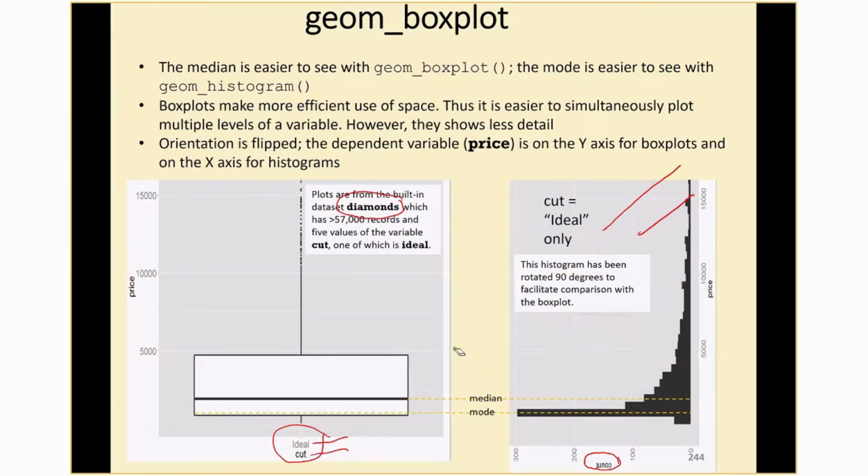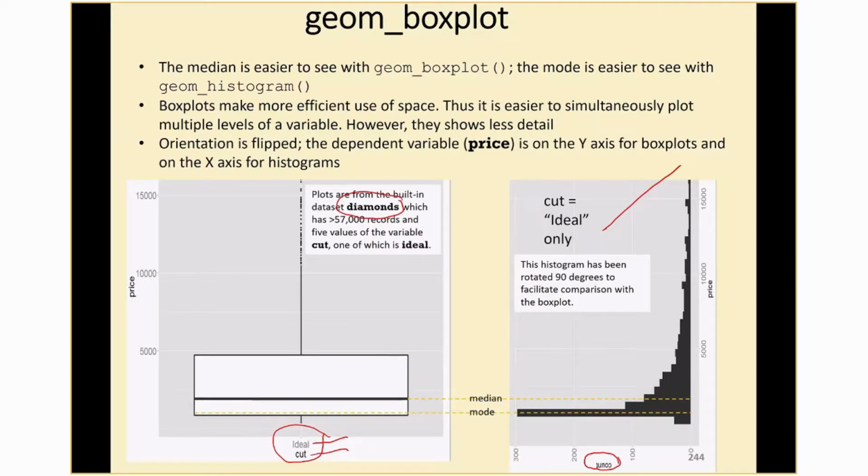If you think about some of the differences between a histogram and a box plot, one of the things about a box plot is that the median value, such that 50% of the records will be greater and 50% will be less, is explicitly identified, but it's not clear where the median is in a histogram. On the other hand, with a histogram, you get a little bit more detail about the distribution.